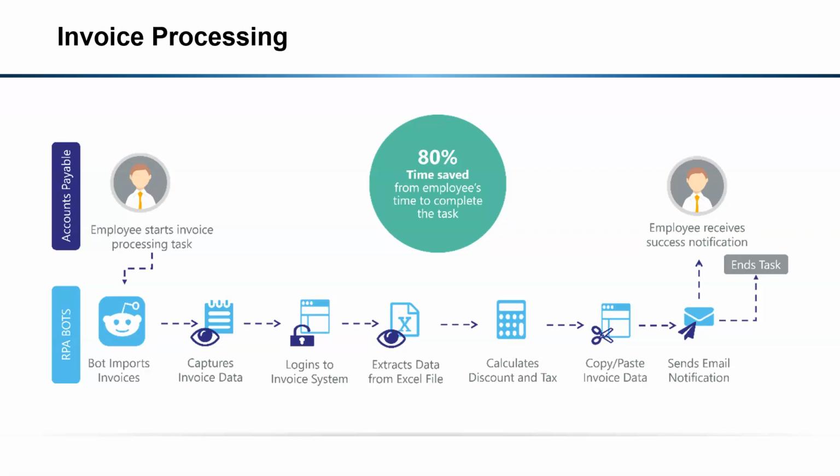The bots can import all the invoices, capture the data, extract the information, and even validate against the purchase order or the goods received. And then it can even issue a notification to accounts payable or even to a bank to deliver a check to the vendor. So invoice processing is a pretty commonly used use case in RPA, and is seen as an example in many places.